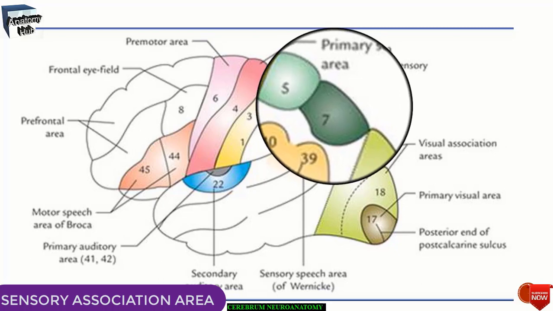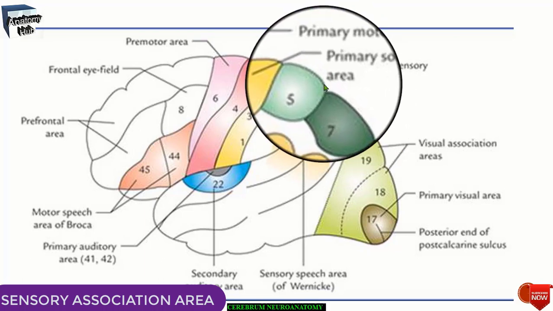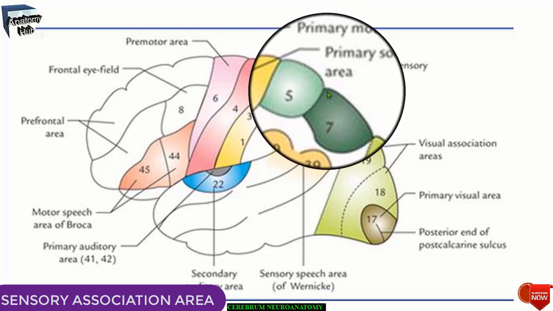Such ability is referred to as stereognosis. Lesions in this area result in inability to recognize or identify an object by its feel. This condition is called tactile agnosia or astereognosia.